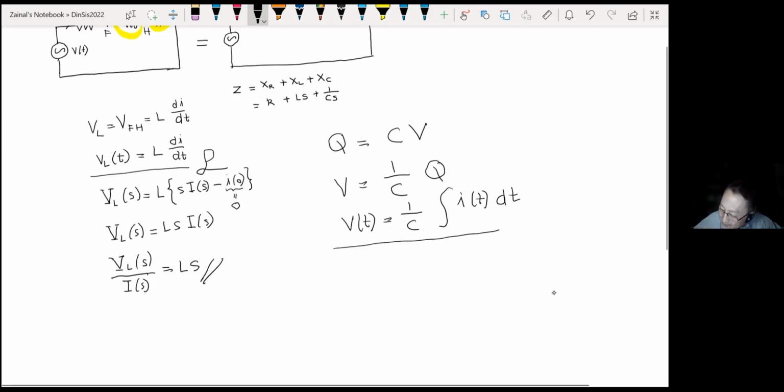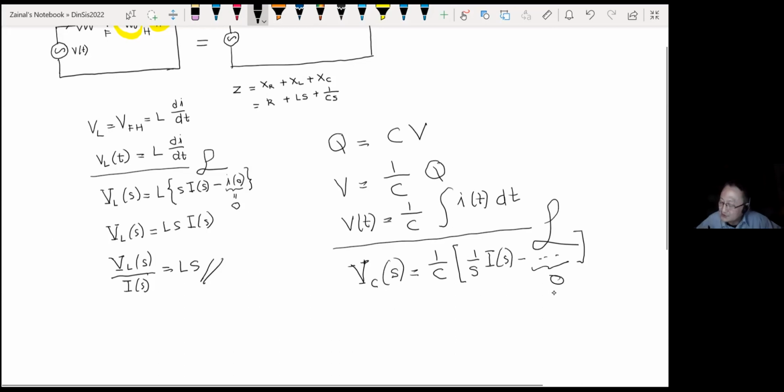Now apply the Laplace transform, then you have across the capacitor 1 over C, and this one is 1 over S, with some initial condition.